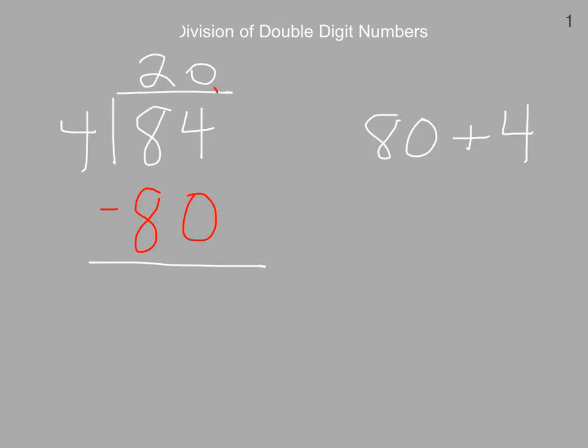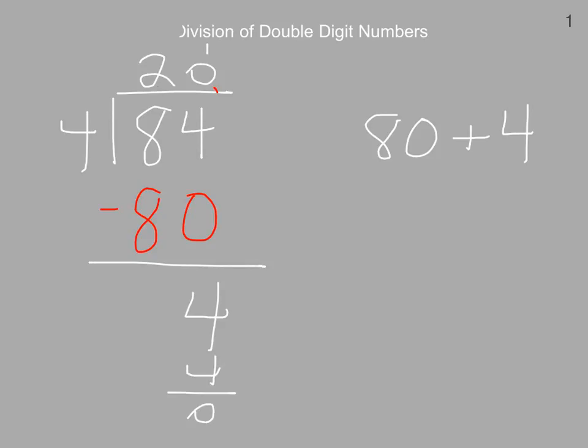4 minus 0 is 4. Now we think 4 times what is 4? Or how many times does 4 go into 4? Well, that's pretty easy. We know that 1 times 4 is 4. Now you can see I've put the 1 in the unit spot above the 0. Okay? And that, of course, is equal to 4, and we subtract it.